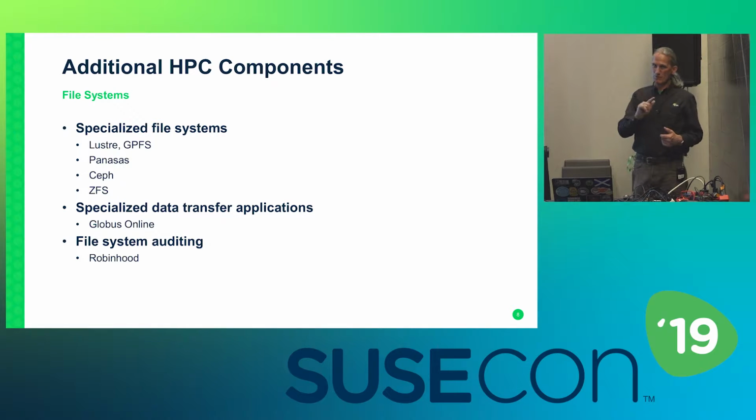So basically, the real claim to fame for ZFS, or one of them at least, is you have the ability to aggregate disks into what ZFS refers to as virtual devices. So what we would call a RAID. So you can aggregate disks into a VDEV, and then you can aggregate the aggregates and stripe across them. So that's part of the reason why ZFS scales the way it does.